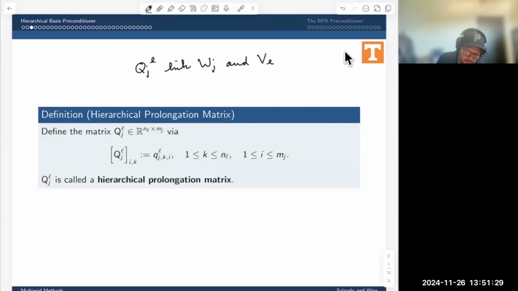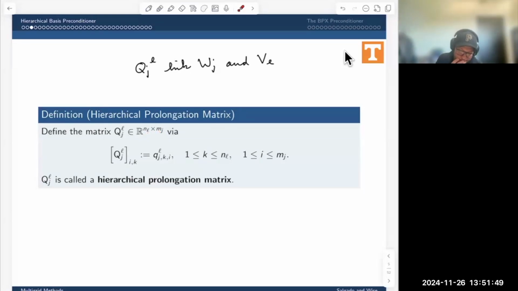All right, so it's going to be defined as, remember, a matrix. It's going to have NL rows and MJ columns. Now, which one is bigger? Well, NL is a lot bigger than MJ.